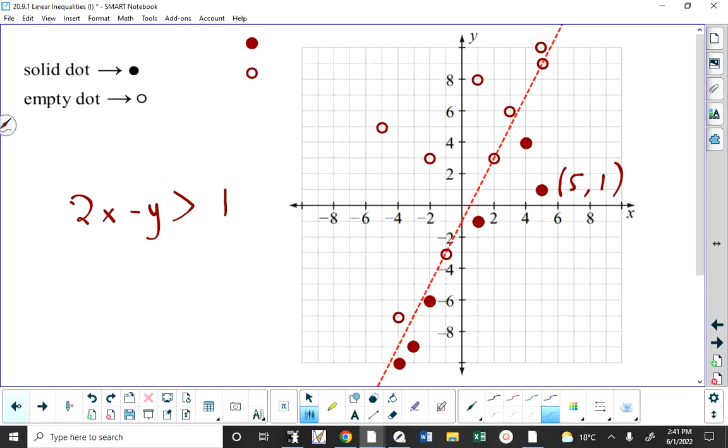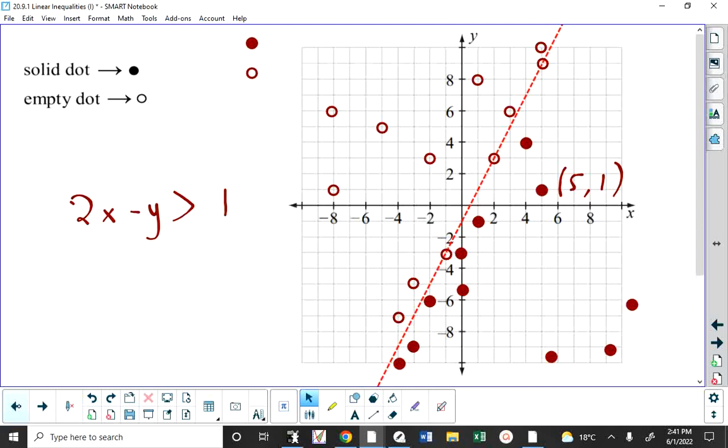So, in fact, and by the way, you could do the same thing over here. Any of these points would not make it true. So, in fact, like any point below the line. So how do we communicate that? The answer is we shade it in. It's not just an arrow pointing in one direction. We shade in the whole thing.